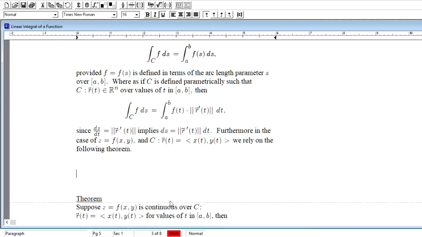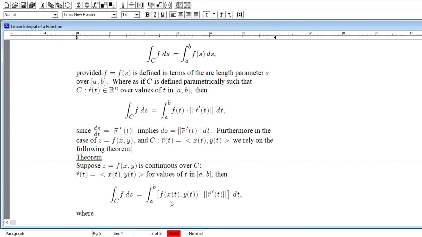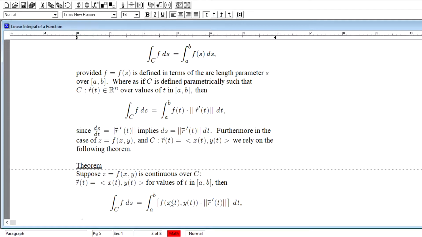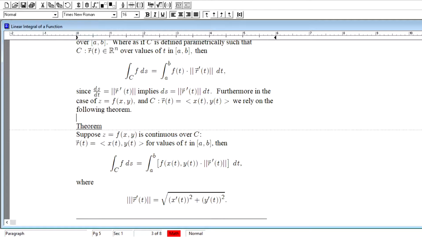That theorem being presented as follows. That theorem starts off by saying, well, just suppose that our multivariable function z equal to f of x comma y is continuous over this curve c, where c here is defined by r bar of t.